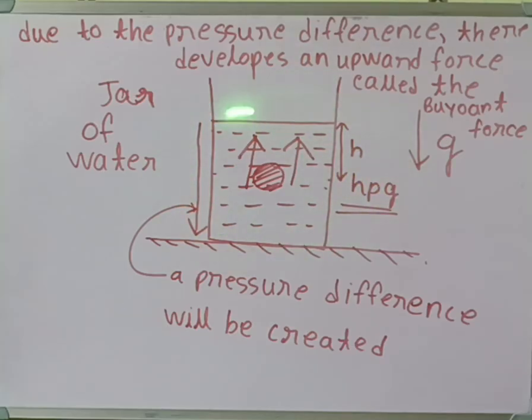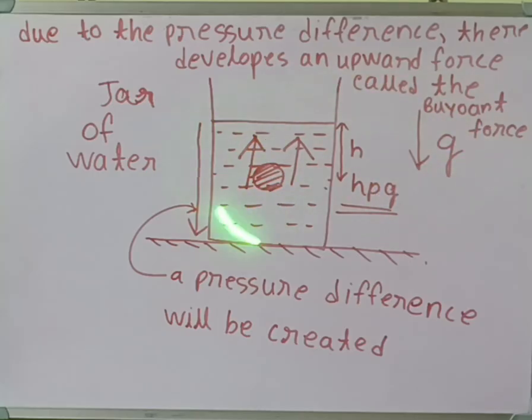Now let's consider a body that is submerged in this jar of water. Again, everyone has learned this in middle school, that if a liquid has developed a pressure difference along its liquid column, then due to this pressure difference, there develops an upward force called the buoyant force.